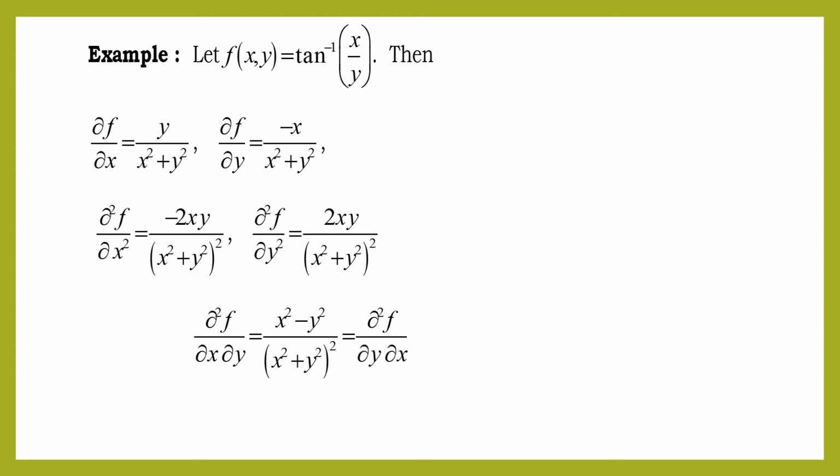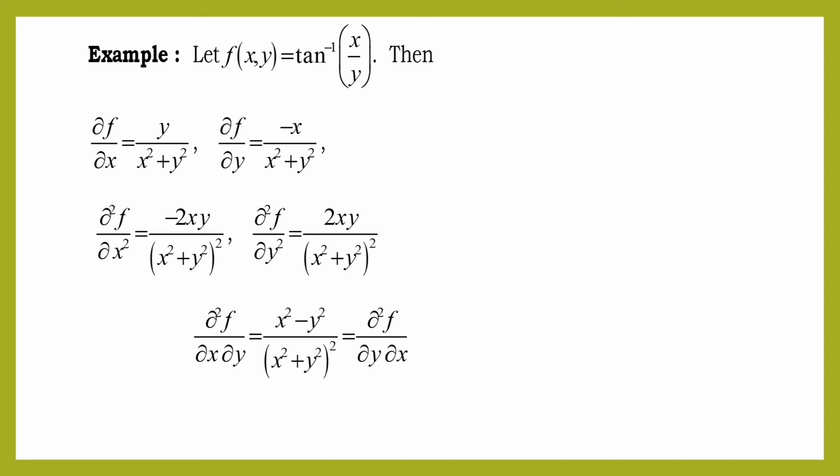If I find the next second partial derivative dou square f by dou y square, we get 2xy by x square plus y square whole square for this particular scalar field f of x comma y equals tan inverse of x by y in two variables.